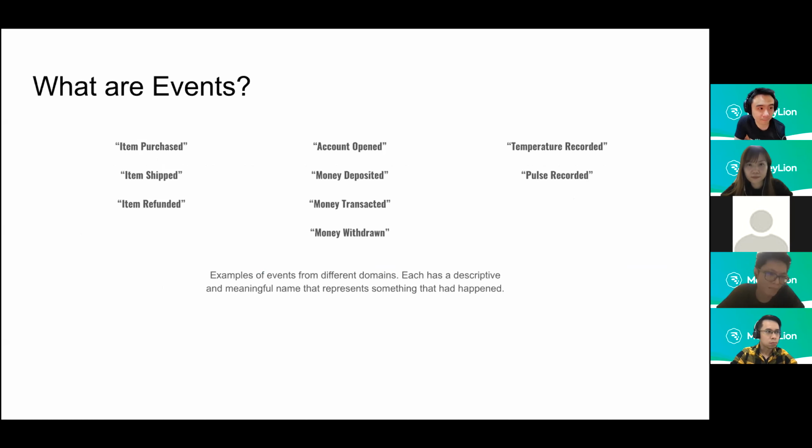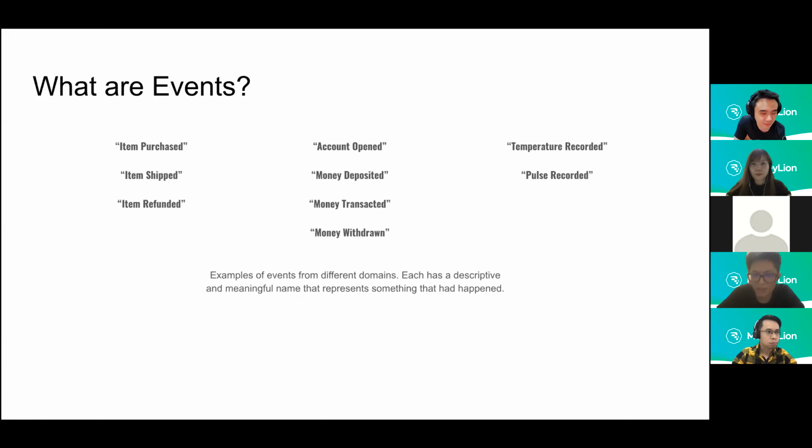On the left, you can see the item purchase event, item ship event, and item refund event. It is pretty clear what these events represent. From the names, you can probably guess these events come from some kind of e-commerce system.